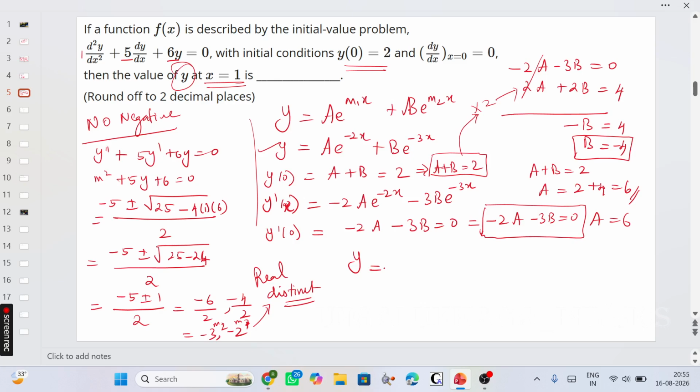For this you can use your calculator on screen. So 0.8120 minus 0.19914, then you will be getting 0.6128. Okay, so this is how we have to solve these kinds of initial value problems.